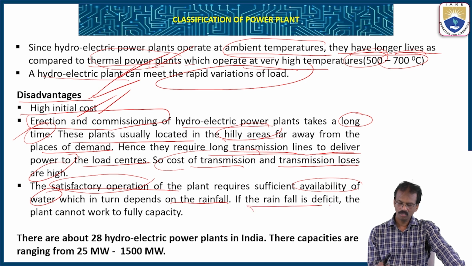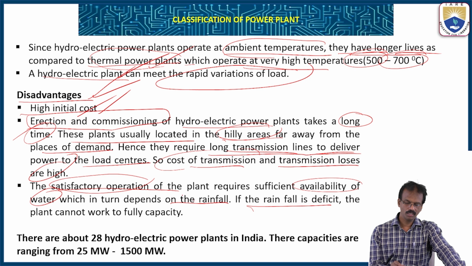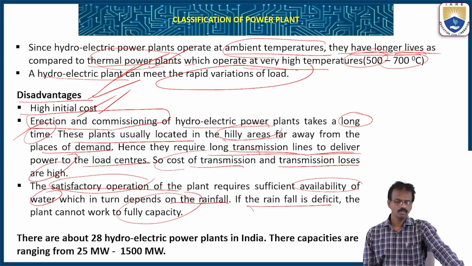So if the rainfall is deficient, the plant cannot work to full capacity. This is another disadvantage of the hydroelectric power plant. So for continuity, in this case, we will use some diesel power plants.